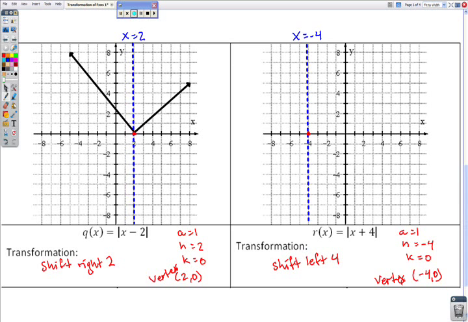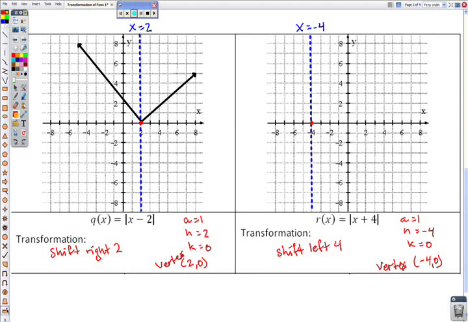Okay, and then let's draw in the rest of the graph. Whoops, I don't want blue, I want black. And that's our translated function.